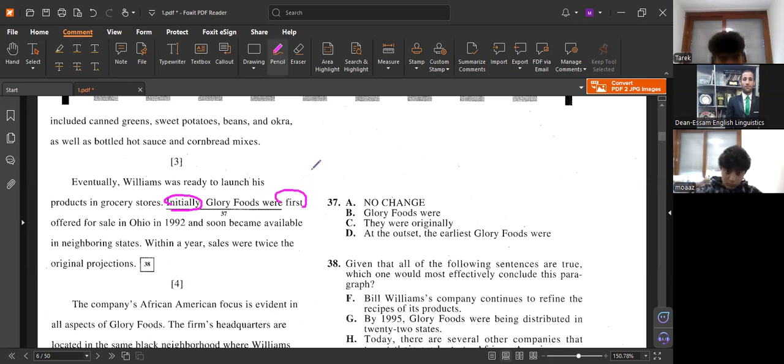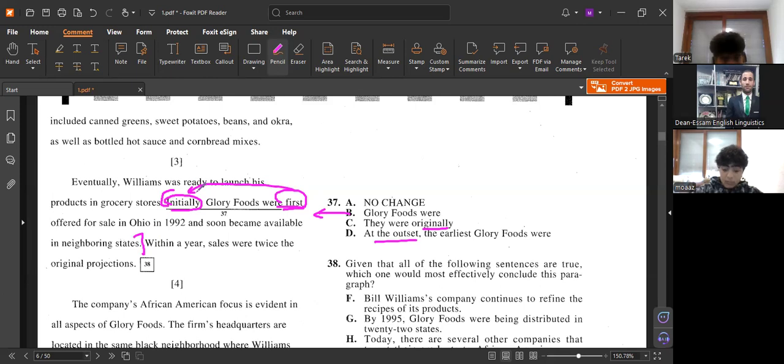So why should you repeat again? And originally means the first. And at the outset means the first. So it's redundant. So choose the correct one. So it's about repetitions. This is called mass redundancy because already we have repetition.